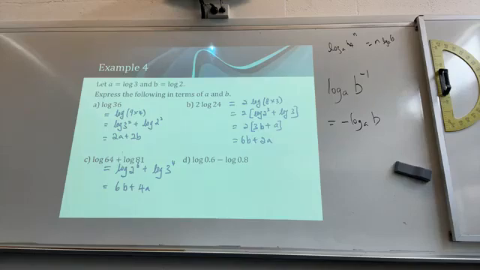The next one is an interesting one. So I wrote it this way. 6.6 is 6 divided by 10. 0.8 is 8 divided by 10. Yeah?